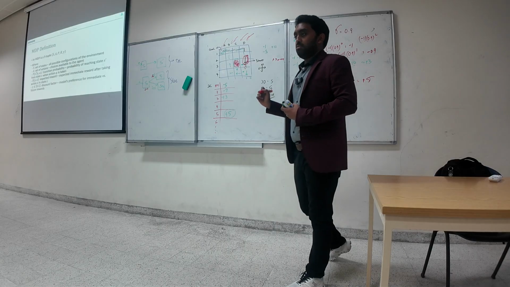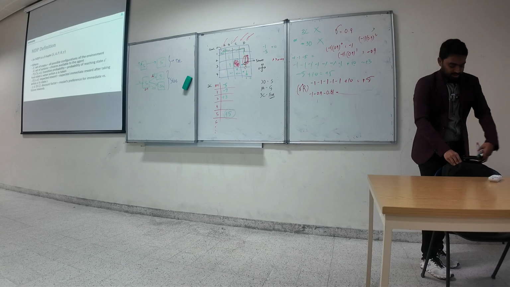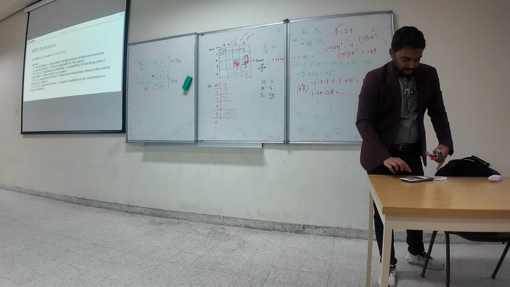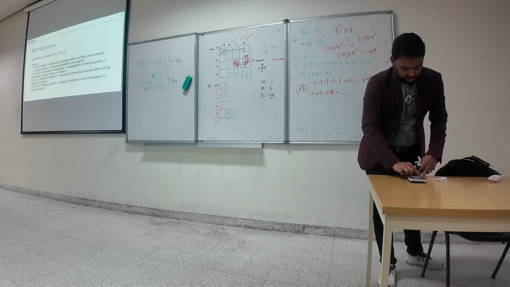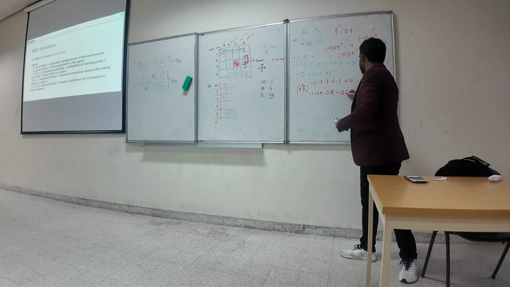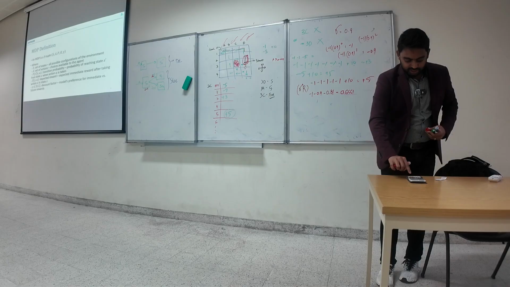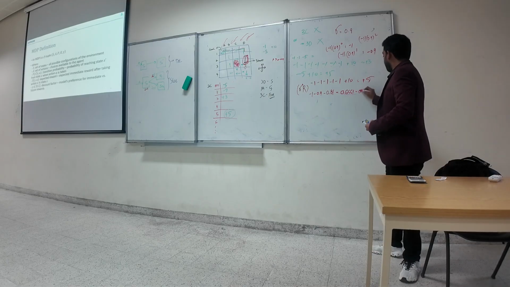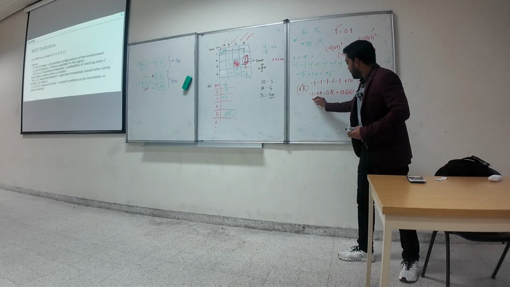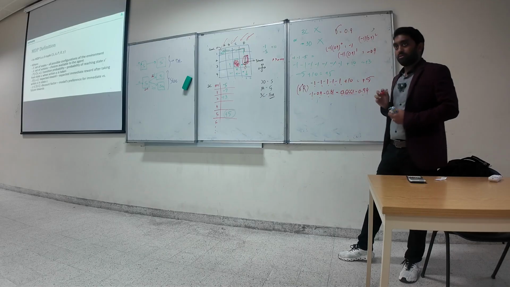I have a calculator. 0.6561. Okay, 0.6561, and you have finally 0.59. So you see now your values are slightly improving.